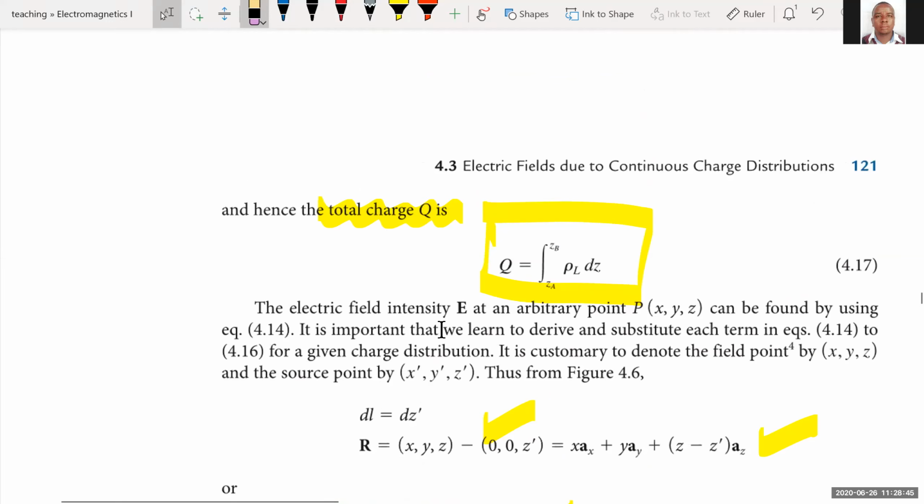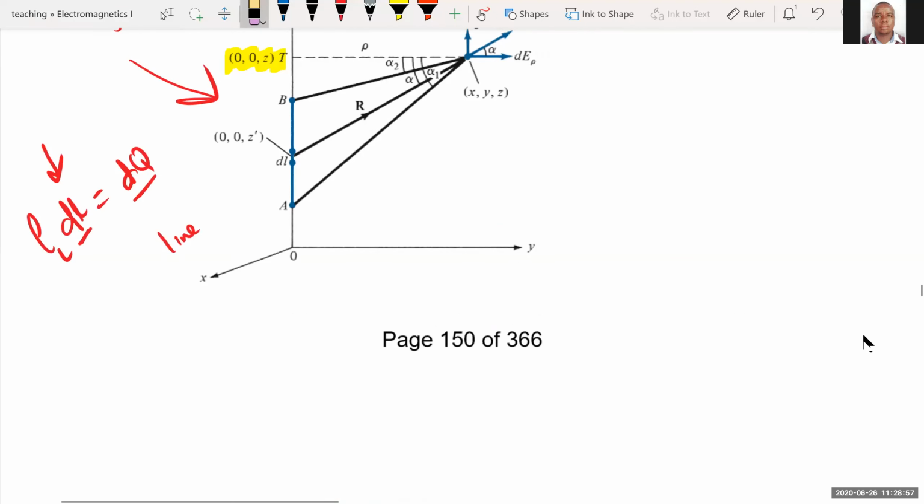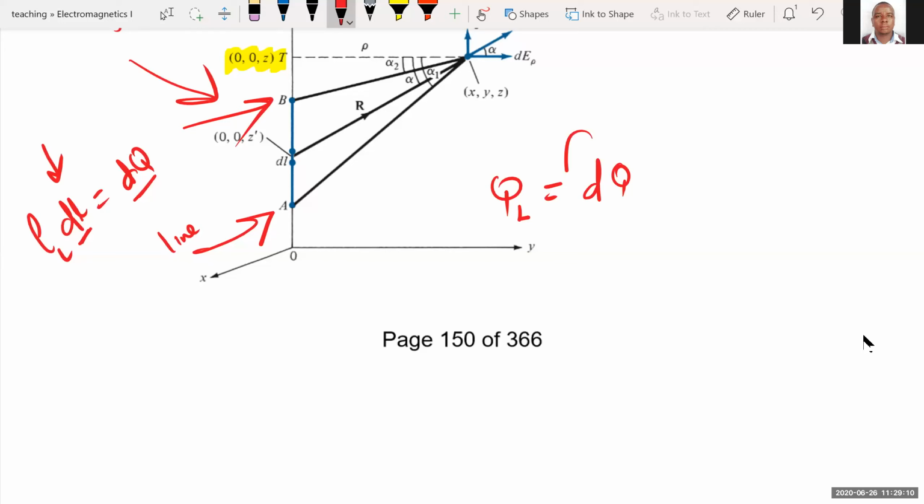First, if you want to find the total charge due to the line element moving from point A to point B, you can simply do an integral: the charge is the integral of dq, which is the line charge density rho L multiplied by the elemental length in the z direction.